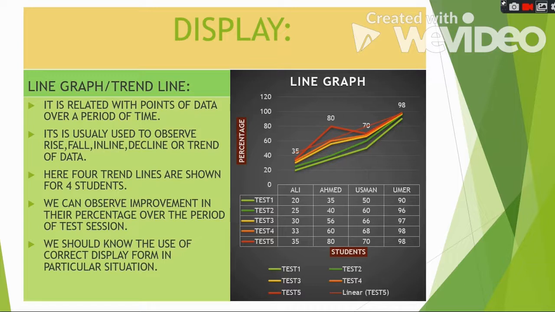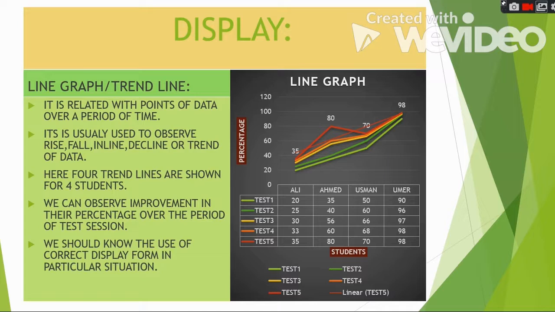And you can have these kinds of lines, so you can compare test 1, test 2, test 3, test 4 and test 5 of these students. So there are points and we can read the trend over the period of time. It is usually used to observe rise, fall, incline, decline or trend of the data.